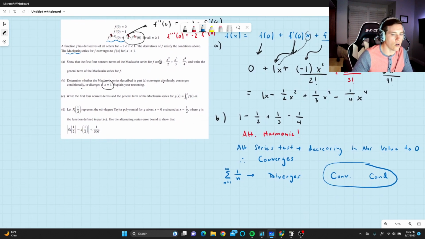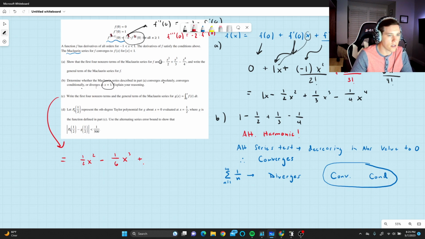Cool. All right. So we have conditional convergence. Part C. Write the first 4 non-zero terms and the general term for the antiderivative of this series, which we've done lots. To take the antiderivative term by term, you'd get 1/2 x squared minus, raise the power, x cubed, put a 3 down here, so 1/6, plus x to the fourth and put a 4 down here, so 1 over 12.